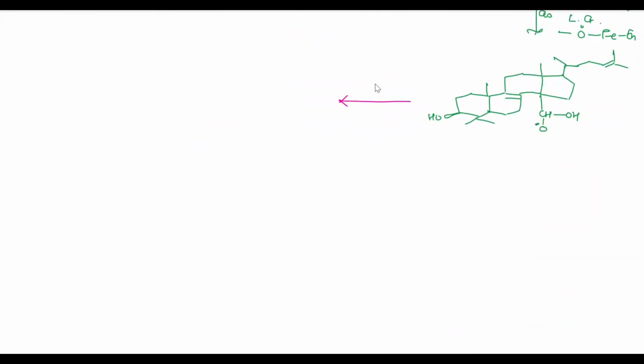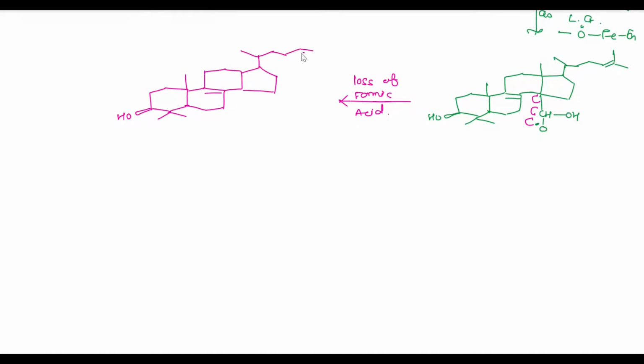In the next step, loss of formic acid takes place, and we get here a radical.